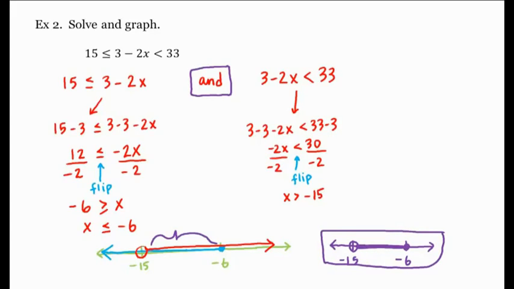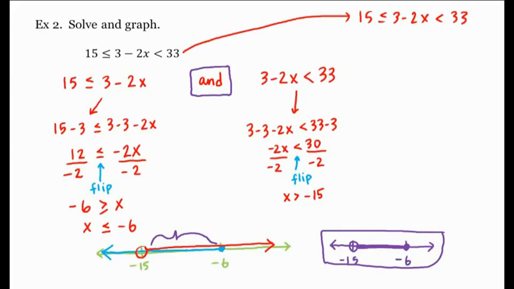Now, when working with this type of compound inequality, we didn't necessarily need to split. We could have started with this original chain of inequalities. So 15 less than or equal to 3 minus 2x is less than 33, and worked with all the parts at the same time.